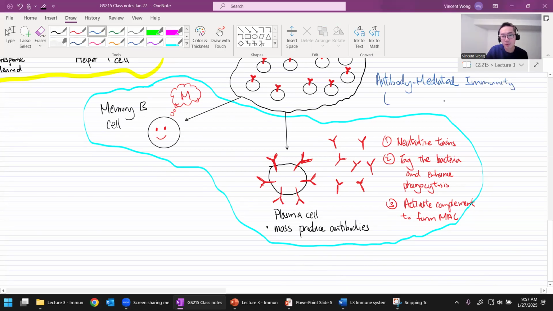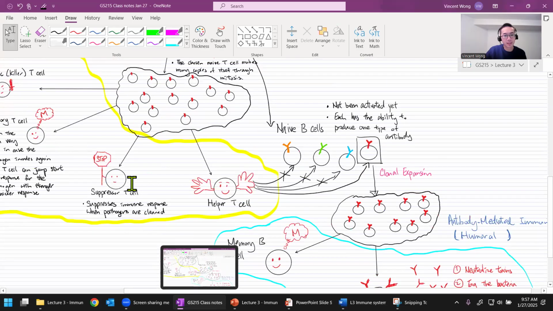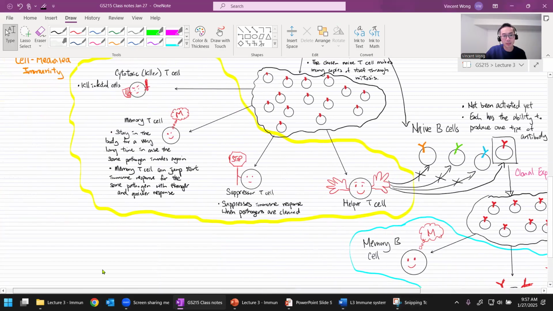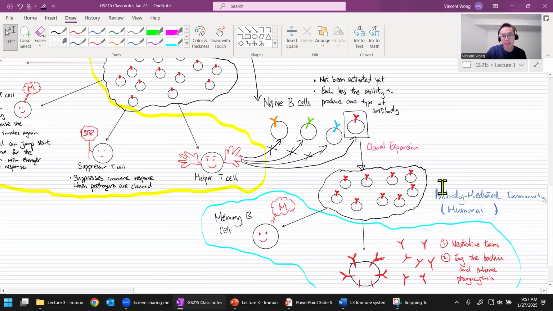I don't know if I've used this word before in my test questions, just in case. Okay? It is also called humoral immunity. Right? So there are two key branches here. Cell mediated, it's the T cells. We wrote down over here, cell mediated. And over here we have antibody mediated immunity.